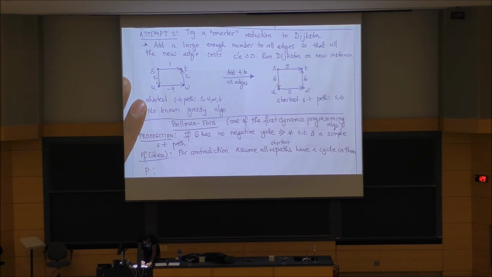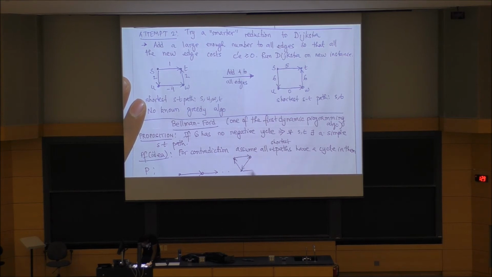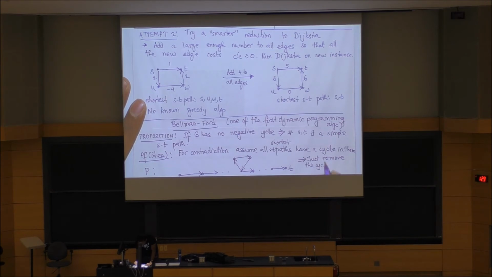So let's say I have a path P. You start from S, and somewhere in the middle you have a cycle, and then you continue on your merry way till you reach T. So the idea is just remove the cycle.